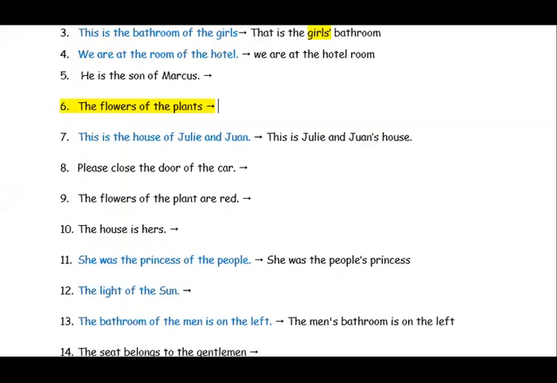Close, Dylan. But I want you guys to ask yourself, who's the owner? Who owns what in the scenario? Do the flowers own the plants, or do the plants own the flowers?